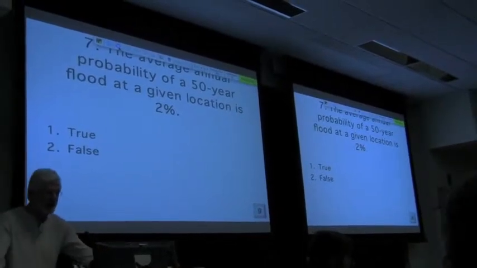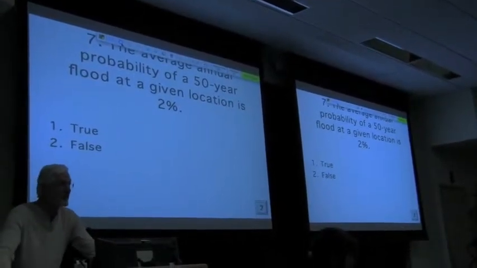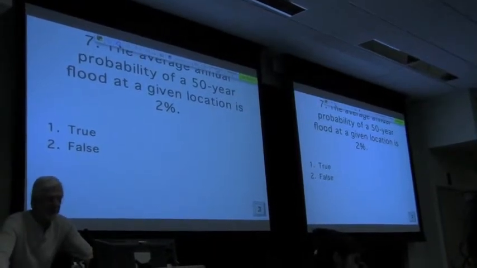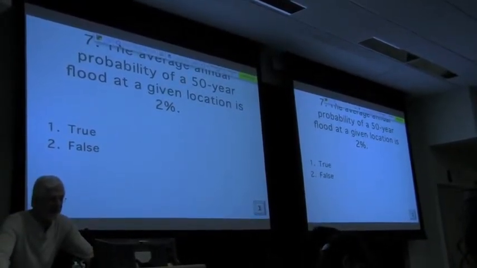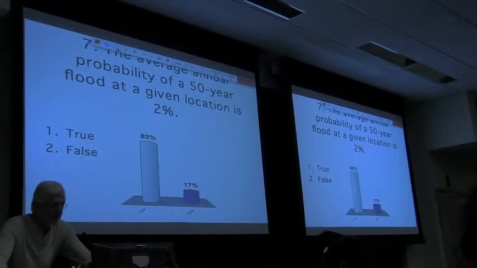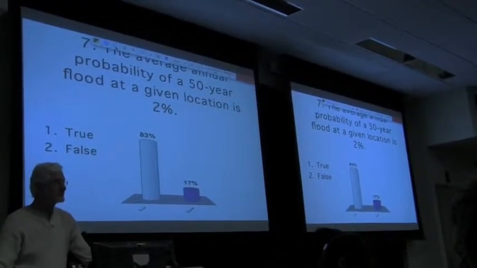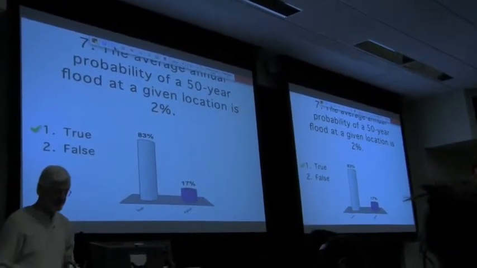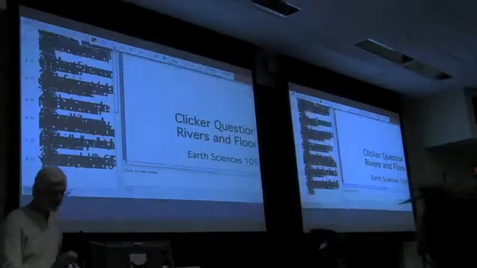Look at you, rock on. 80, 90, 100, you're in. 5 more seconds. Just a few more of you. Are you getting the green light? 83% said true. And that's great. That's the correct answer.